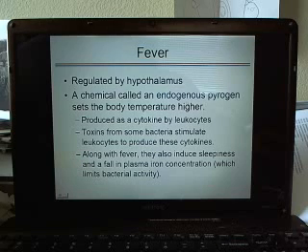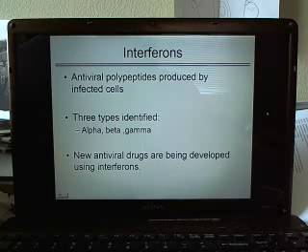Fever is controlled by the hypothalamus. It's caused by pyrogens. Tylenol is antipyretic, so it knocks down fever. Interferons are produced by cells that are infected by viruses, and help cells that are not infected fight the virus.